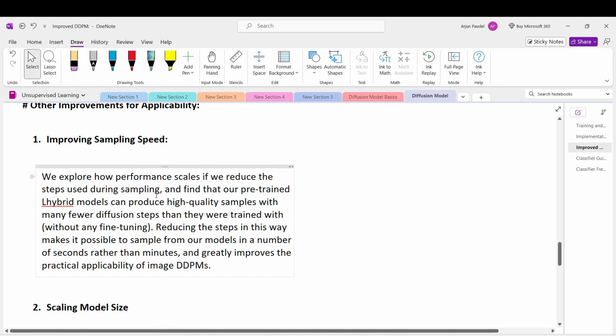They reduce the steps during sampling and find that their pretrained hybrid model can produce high quality samples with many fewer diffusion steps than it was trained with. Without any fine tuning, reducing the steps in this way makes it possible to sample from the model in a number of seconds rather than a minute. So it greatly improves the practical applicability of improved DDPM.